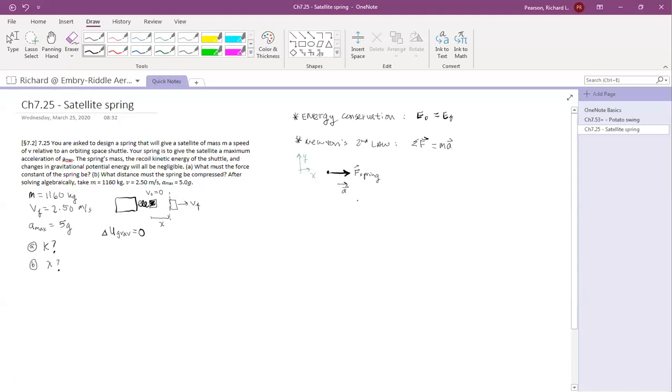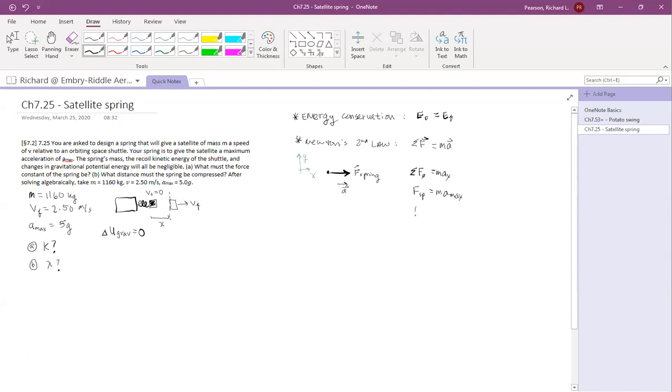So let's write out our sum of forces in the x direction is equal to m times the acceleration in the x direction. And the force in the x direction is the force from the spring, and that is causing this acceleration. We'll call it a max because that's what we want to find.